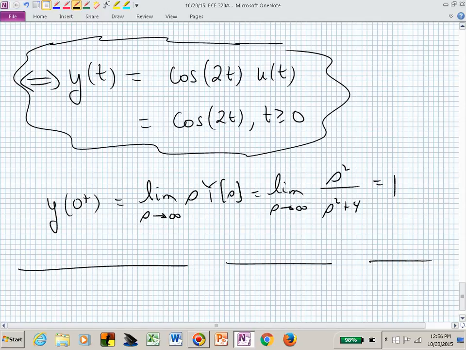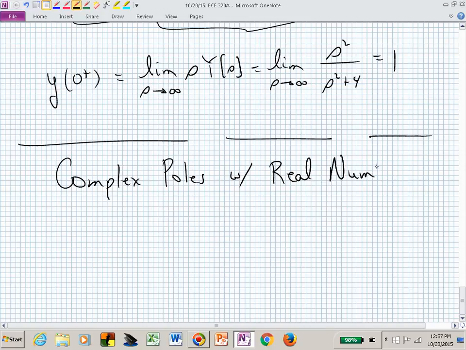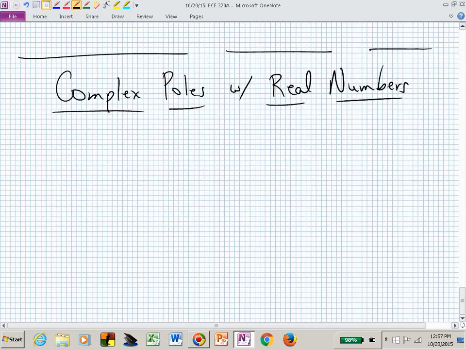Let's now play a little bit with this idea of when we have complex roots or poles, and only use real numbers to, let's say, find the inverse Laplace transform.